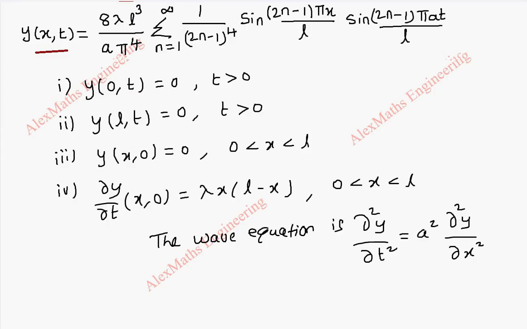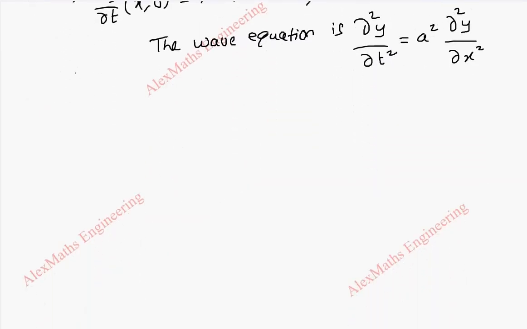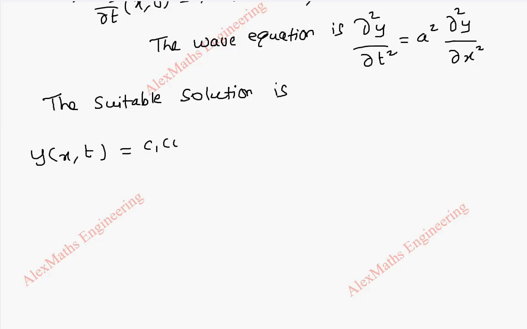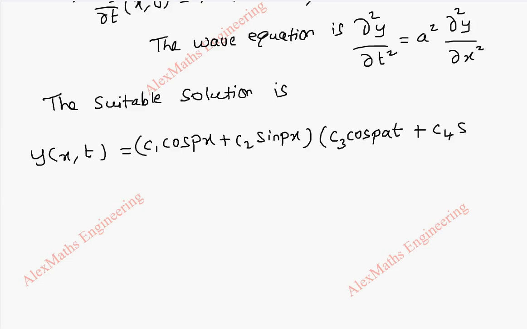Now, the suitable solution for this equation is y of x comma t equal to c1 cos px plus c2 sin px, into c3 cos pat plus c4 sin pat.